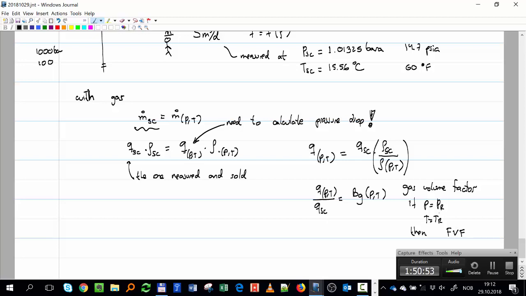So how do we find this factor? We know this factor BG will be equal to the ratio between the densities, right? So it will be density at P and T divided by density at standard conditions. Oh, the opposite, right? The opposite.